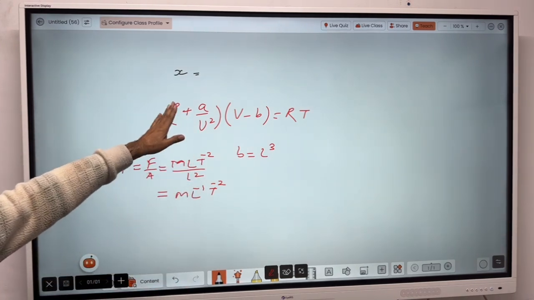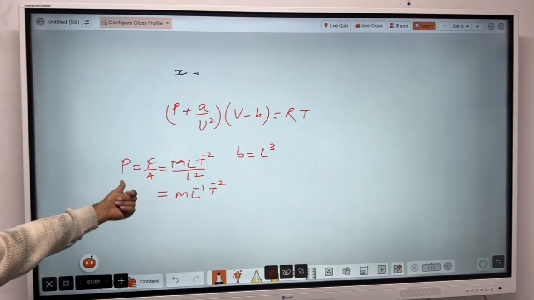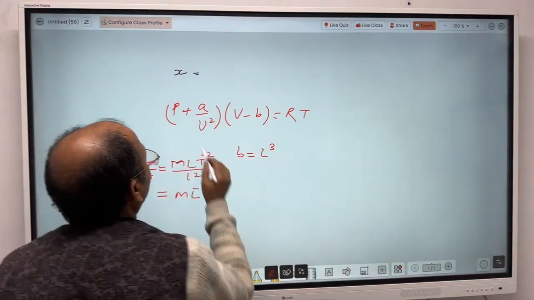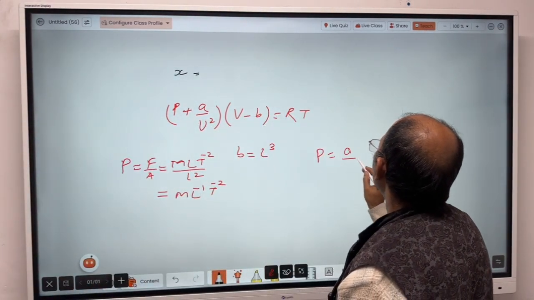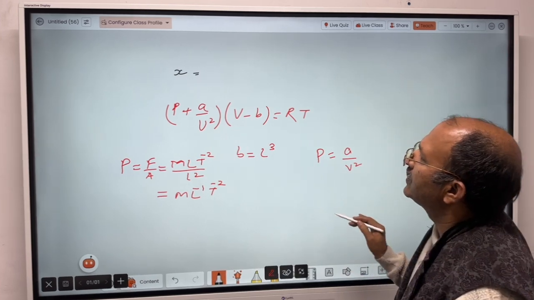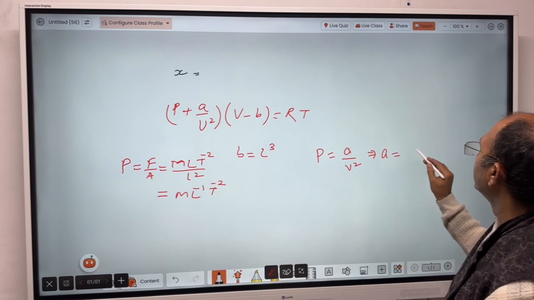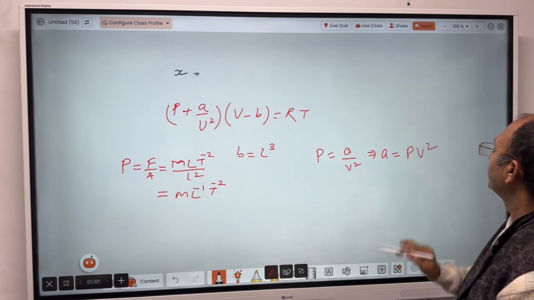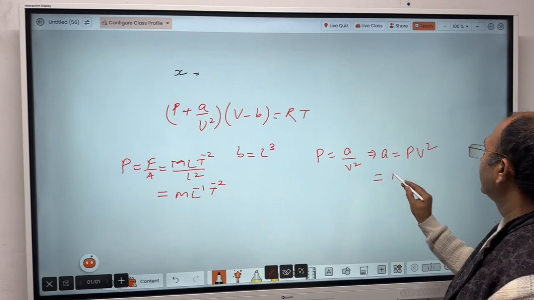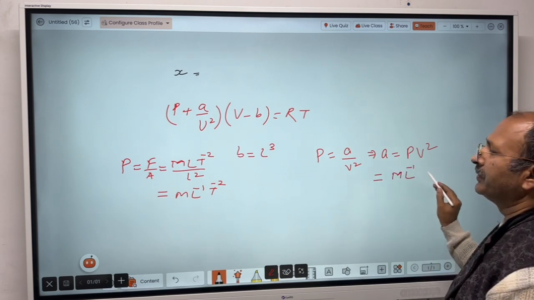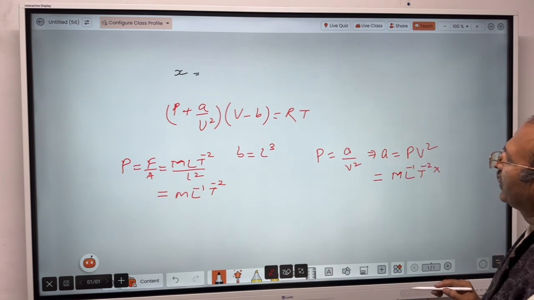According to principle of homogeneity, definitely A upon V square must have dimension of P. So we can write P equal to A upon V square. Our concern is to get A, so we can say A is equal to P into V square. And dimension of pressure we have found, that is M L minus 1 T power minus 2 into volume square.